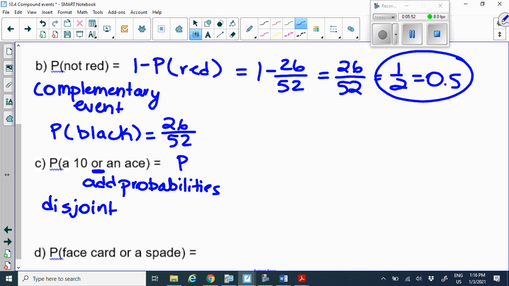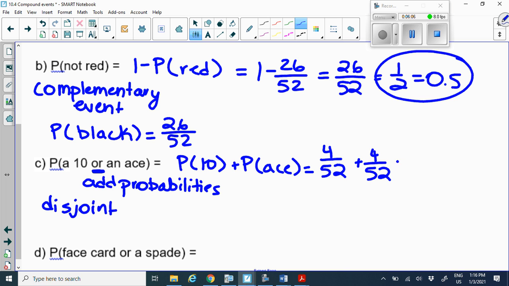So we're going to have the probability that it's a 10 plus the probability that it's an ace. So the probability of 10, we had 4 out of 52 because there's 4 tens. And then for ace, same thing, there were 4 total aces. Now, remember, when we were doing fractions and they have the same denominator, so a common denominator, we add the numerators. So we have 8 over 52, okay?